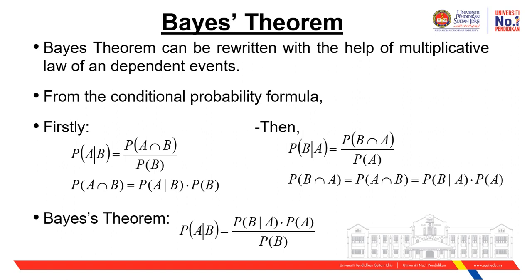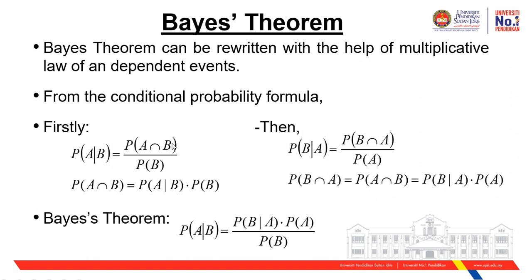So basically, the numerator P(B∩A) is actually P(A∩B). That's why it can be written as P(B|A) times P(A). So I move this P(B|A) times P(A) and I substitute here, with the understanding that P(A∩B) is equal to P(B∩A).